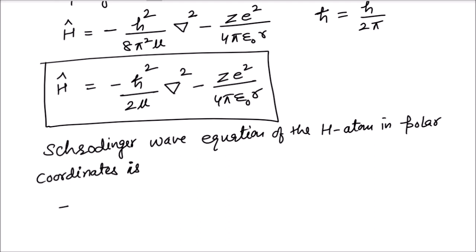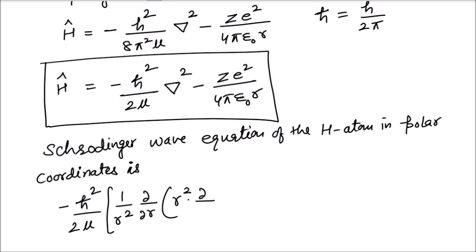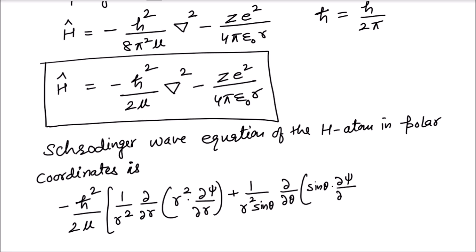So in polar coordinates it is minus h bar square upon 2 mu, 1 upon r square partial differential with respect to r, of r square into partial differential of psi with respect to r, plus 1 upon r square sin theta partial differential with respect to theta, of sin theta into partial differential of psi with respect to theta, plus 1 upon r square sin square theta.